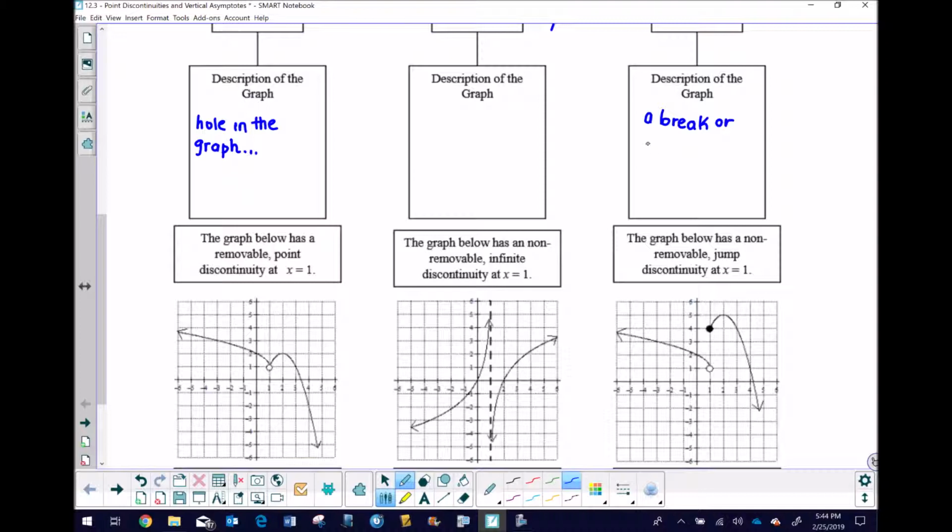I don't like to use the word jump in the description, because we are describing what a jump discontinuity is, but I'm going to allow that here. So we're looking at two separate parts of this graph that exist sort of independently of each other.